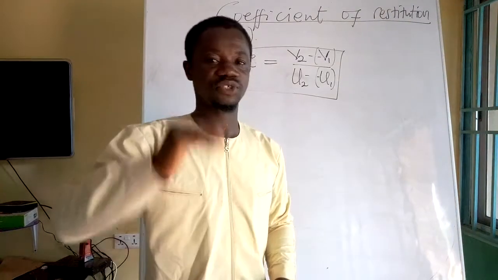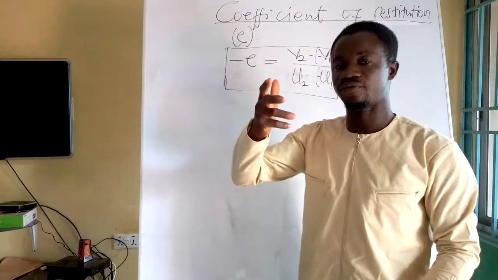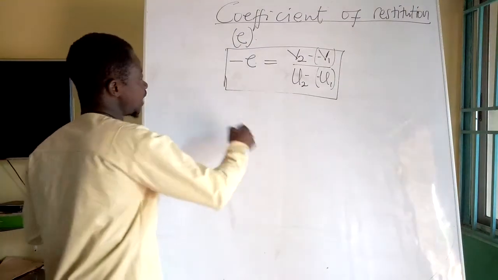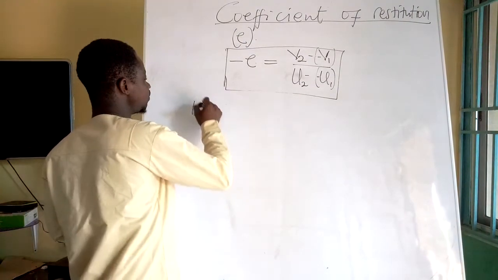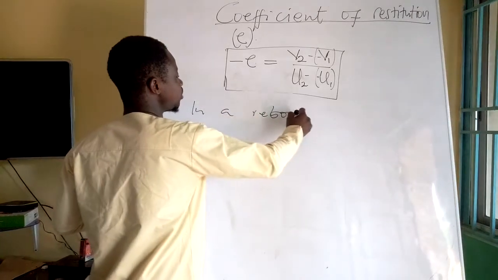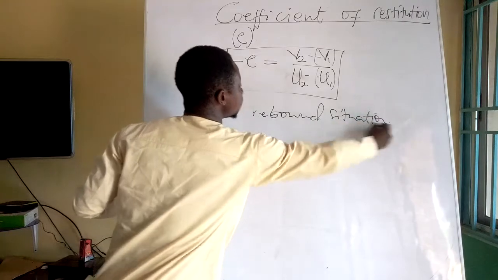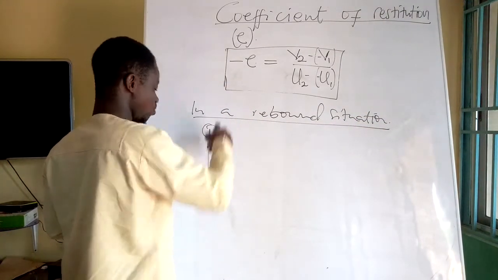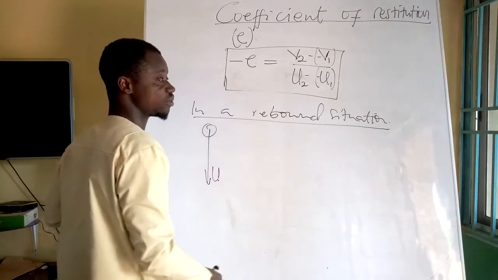In a rebound situation, a situation whereby an object hits the ground and bounces off, an object moves and hits the ground with a certain velocity. Let that be the initial velocity with which it will hit the ground.